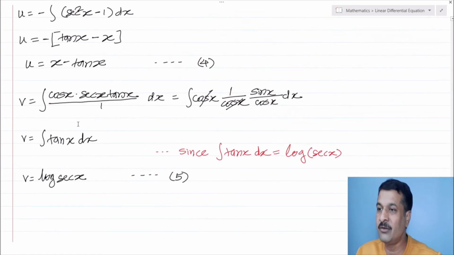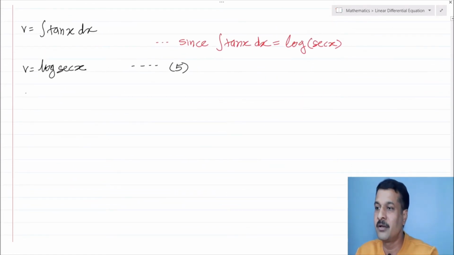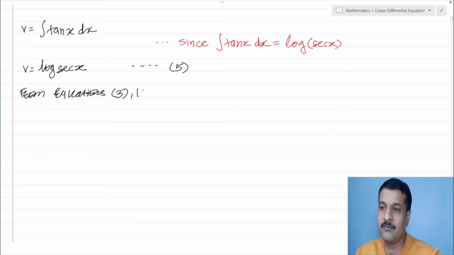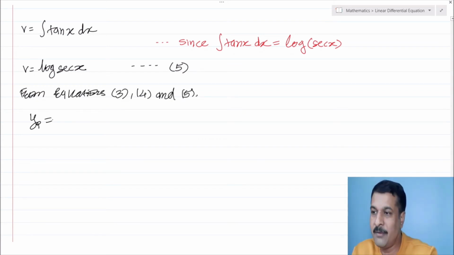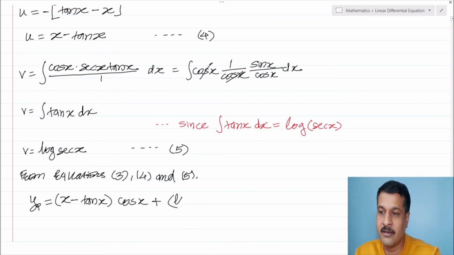So we have the value of U and the value of V also, and therefore from equations 3, 4 and 5, yp equal to U, which is x minus tan x, into cos x plus V, which is log of sec x, into sin x. So simplify this.